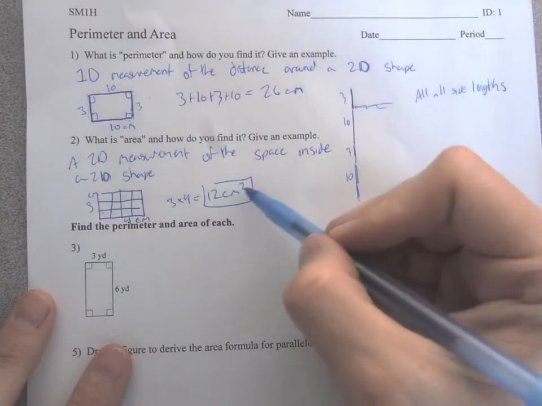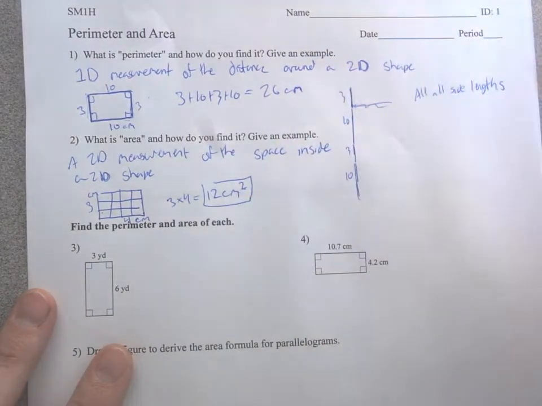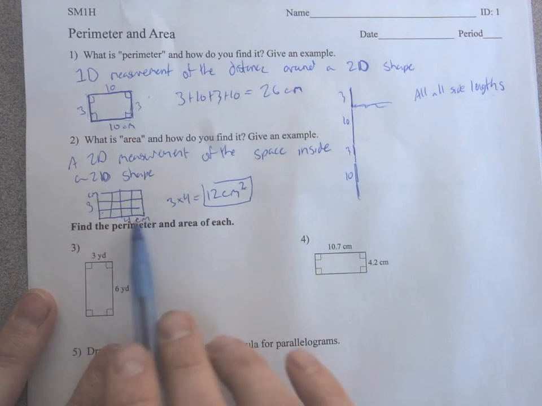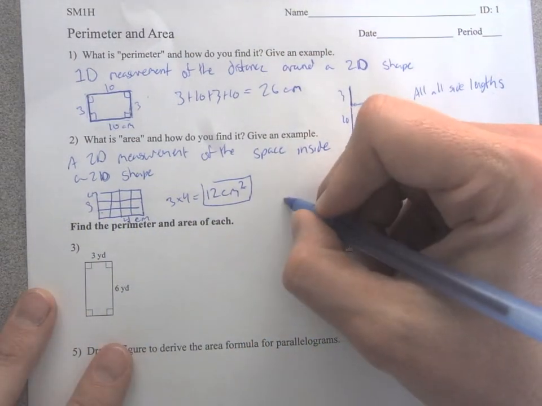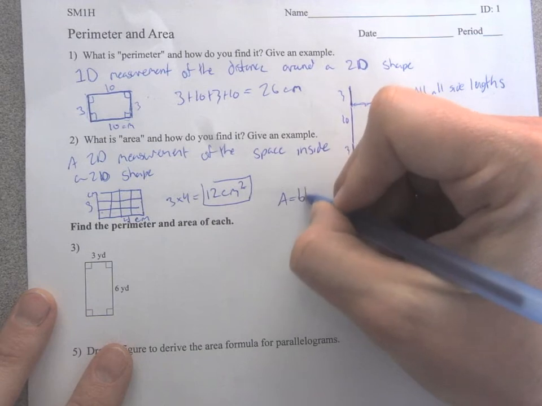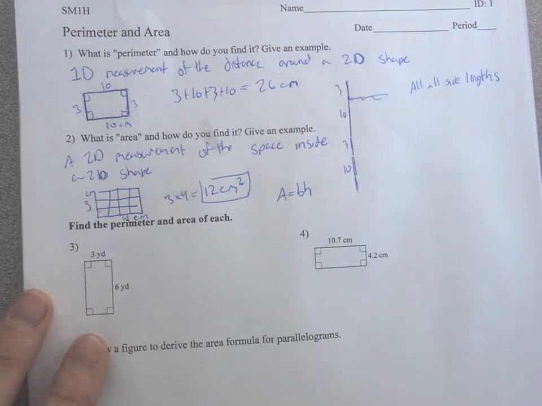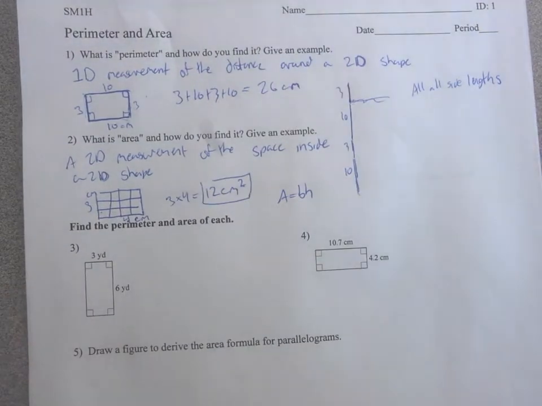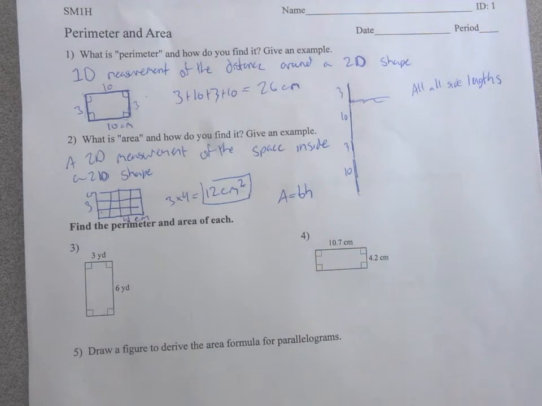Okay, so that little 2 again means square units, square centimeters. Okay, so to do this, what we did is we multiplied the base times the height. So area equals base times height of this. Now that's true for rectangles. We're going to see a couple different formulas in a second that will maybe be a little bit different, but we're definitely going to use the base and height together.